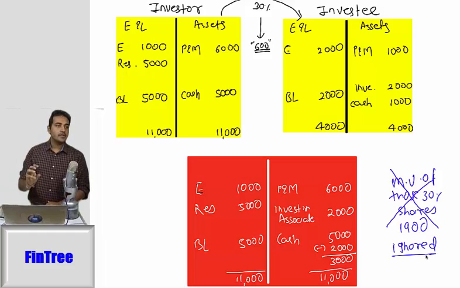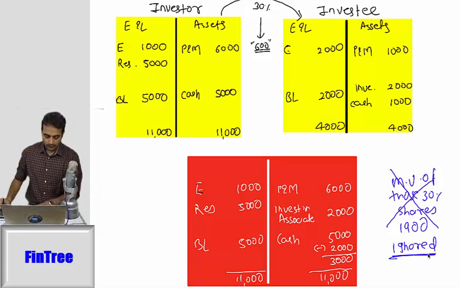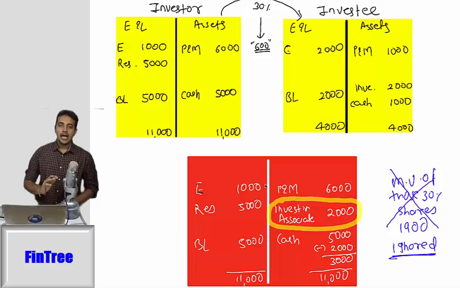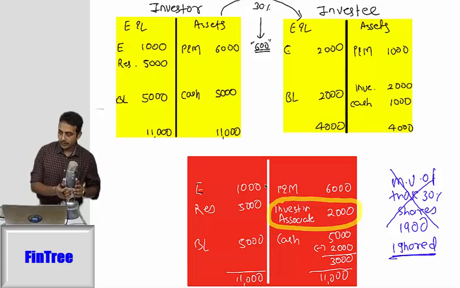In case of investment in associates, that investment will always be shown as just a single line item. So no matter what variations you see on the exam, it will never happen that investment in associates would be shown in different components. It would always be shown as a single line item. Are we fine with this? So this is a base case example. Write down this quickly.